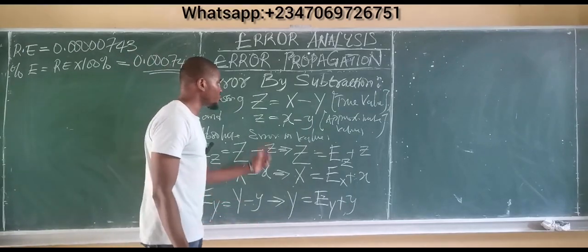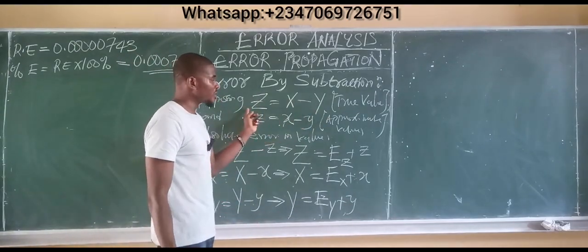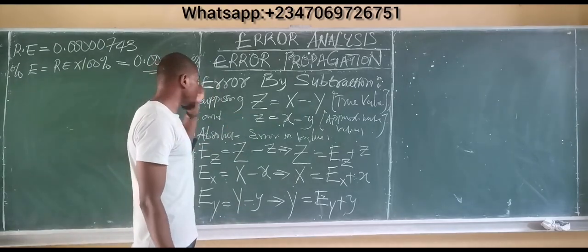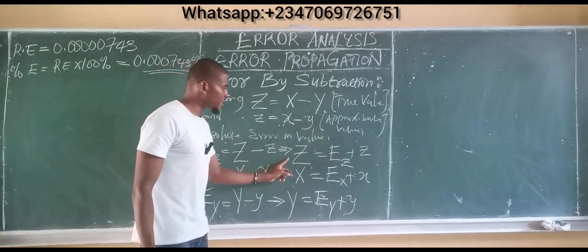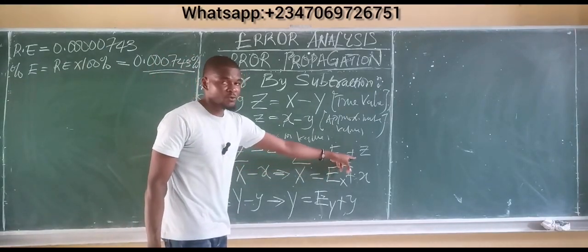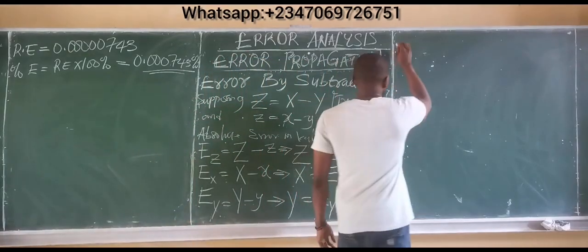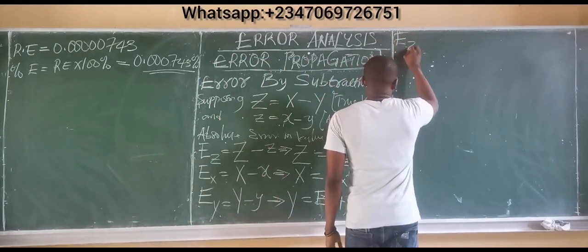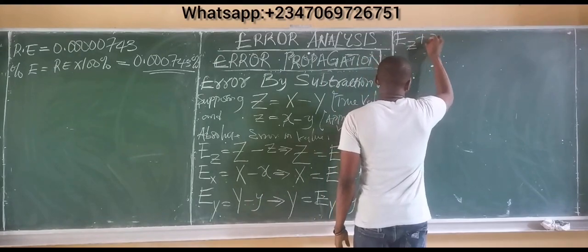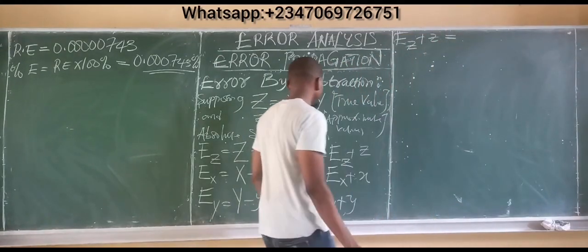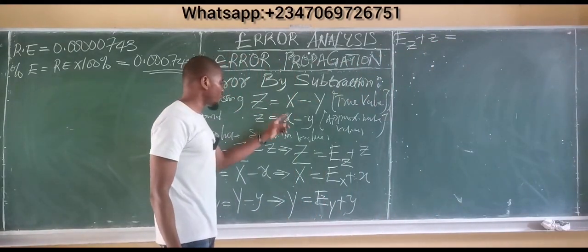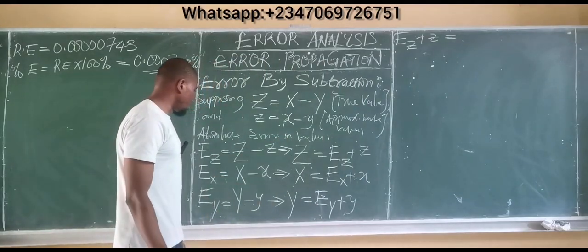Now let's plug all of this into this equation. In place of the true value of Z, we obtain error of Z plus the approximate value of Z, which is small z, and this is equal to the true value of X. And what is the true value of X?